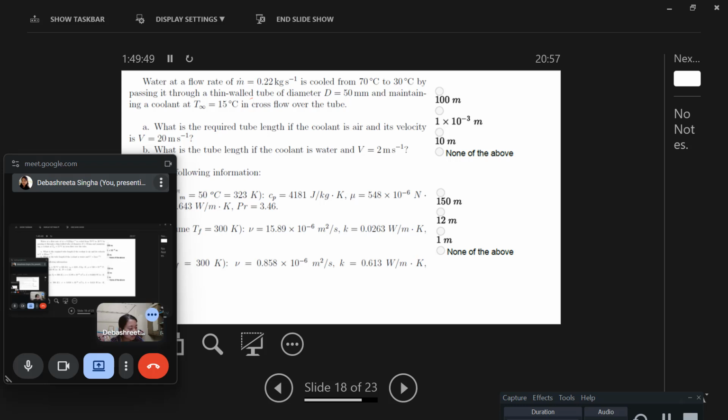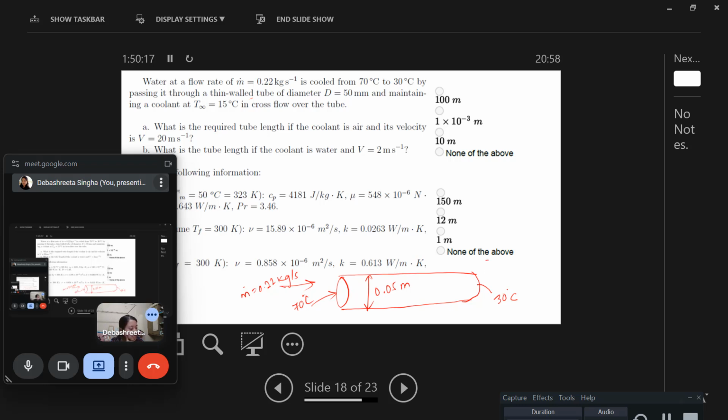So the diameter is given as 0.05 meter. Inlet is 70 degrees, outlet is 30 degrees. It is a cooling process. Now how much mass is entering? 0.22 kg per second.